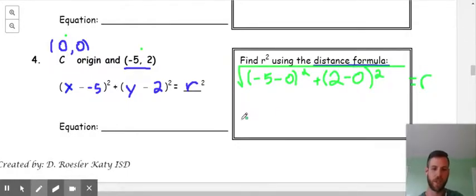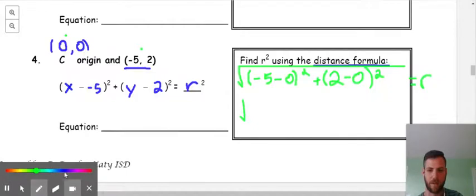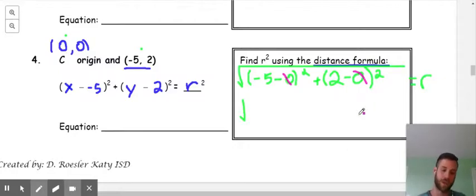And if we just look at it to evaluate this, we basically have -5 squared, because the zeros aren't going to matter here, but if they weren't 0, you could just use your calculator pretty easily for that part. So we have -5 squared is equal to 25, and 2 squared is equal to 4.